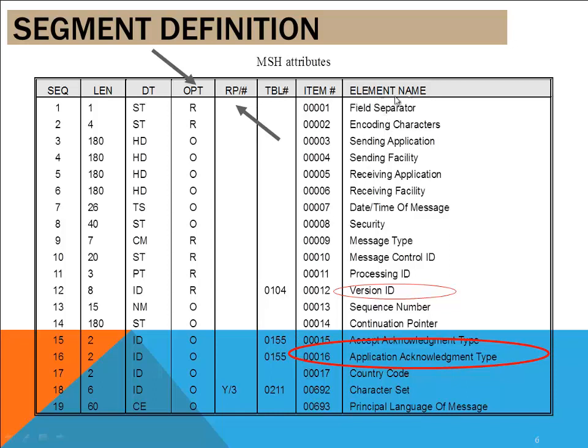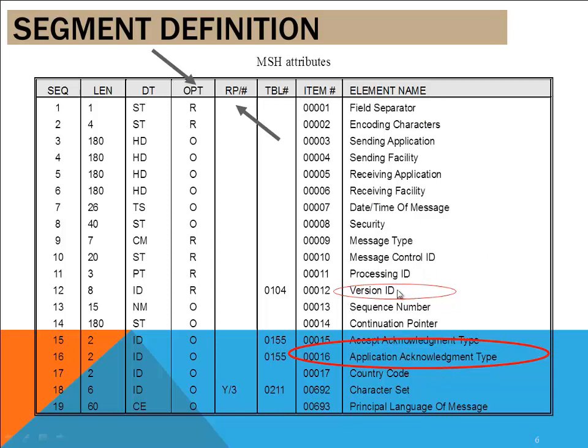There is the element name that explains what this field means. If you see here, field 9 is message type, and field 10 is message control ID. So the message type and message control ID you generally must put there.